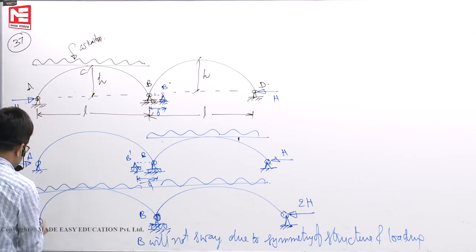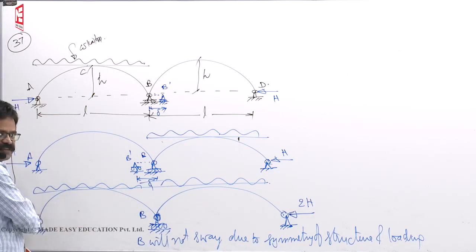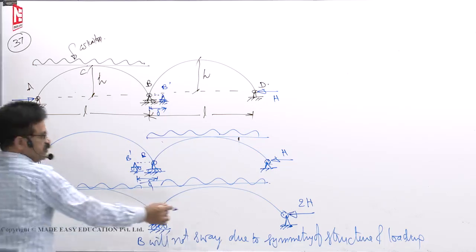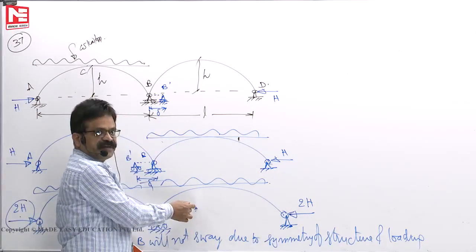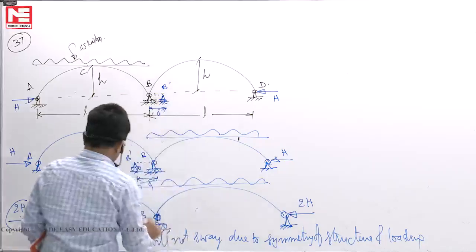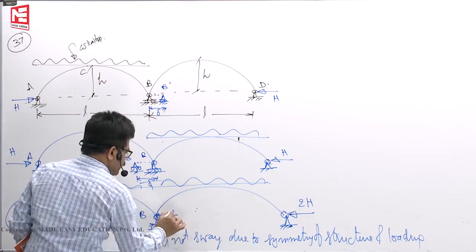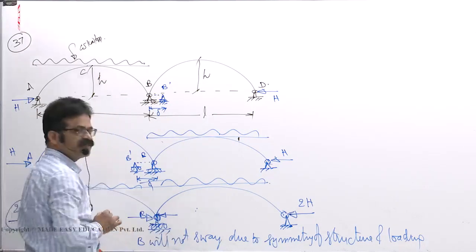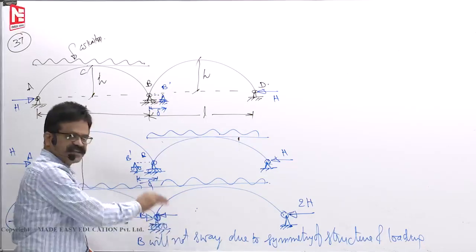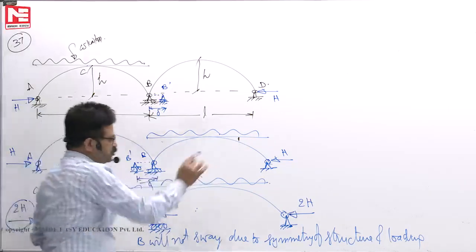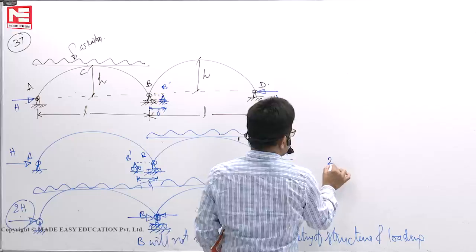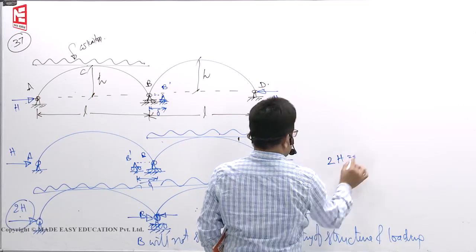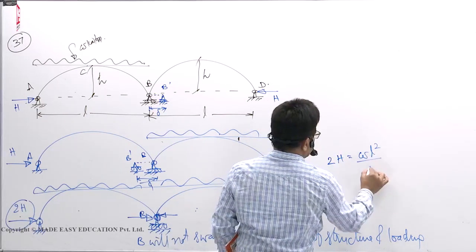For this span, 2H is WL square by 8H. So here one WL square by 8H will develop, this also one WL square by 8H will develop, they balance each other. Now, 2H is equal to WL square by 8H.